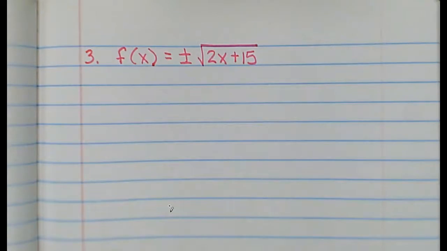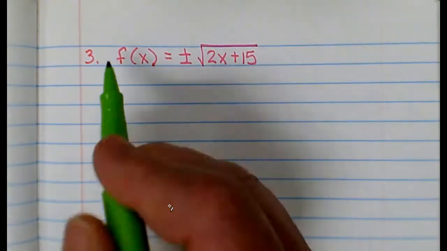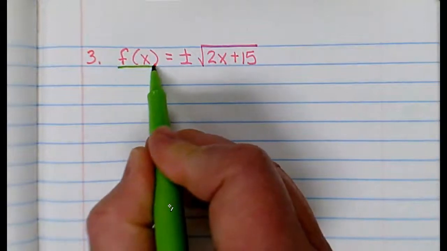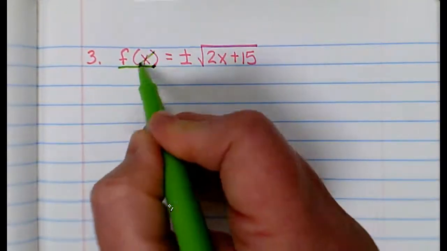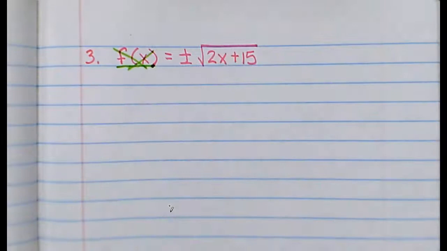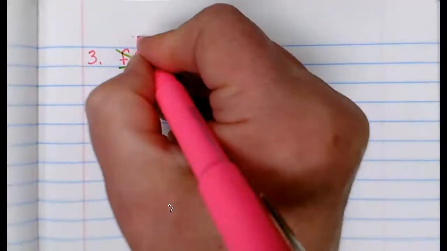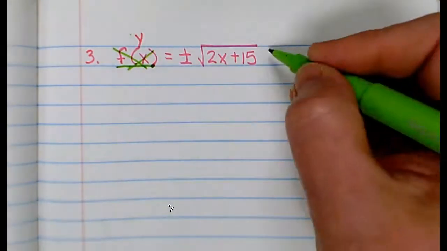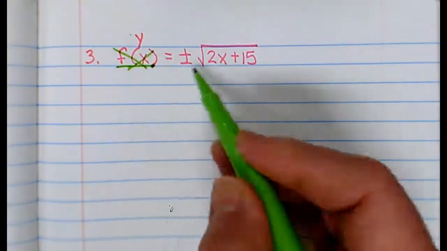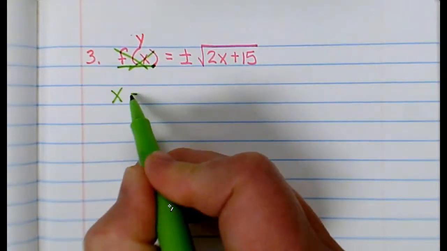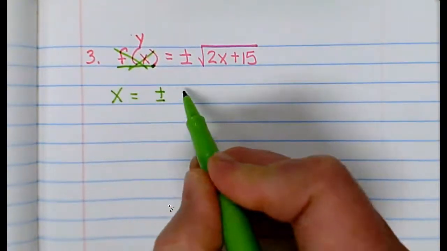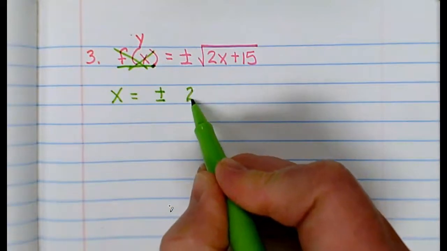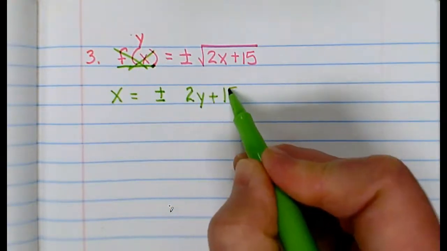How do we switch the x and y if we don't have a y? Doesn't this mean the same thing as y? So we take this out and use the y equals notation. Now do we have a y? And now we can switch the x and the y to y plus 15.